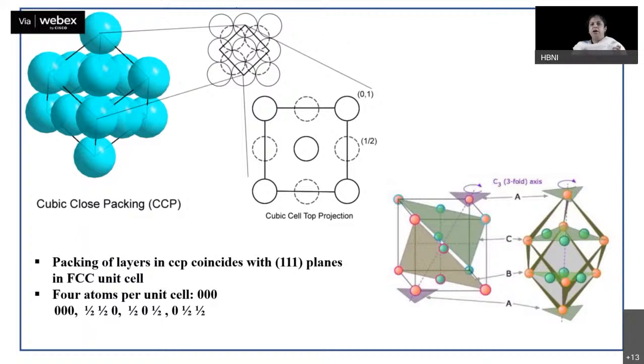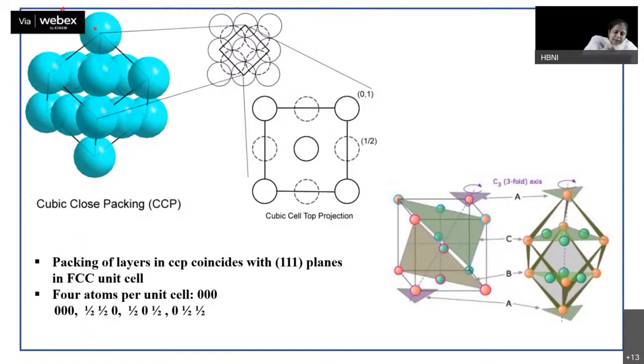How does it look like? Suppose the cubic FCC is the unit cell of the CCP, but the layers are packed in this way. If I hold my cube by two opposite corners, the layers are packed along the body diagonal. I hope it would be clear by this particular figure.